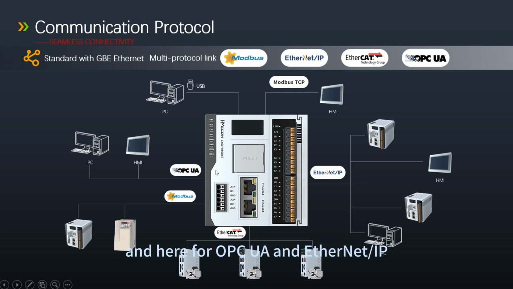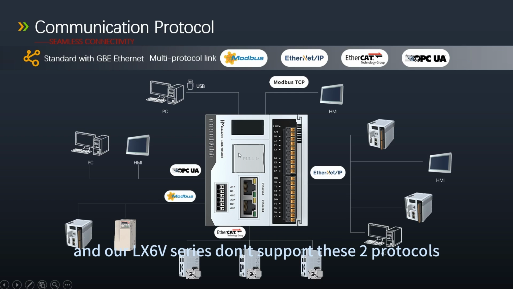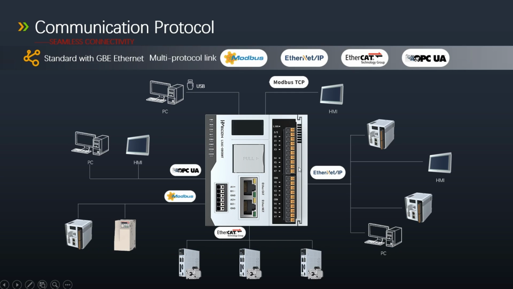For OPC UA and Ethernet IP, these two protocols are only supported in LX6C, and our LX6V series doesn't support these two protocols. For the details of these parameters, I will introduce them at the end.